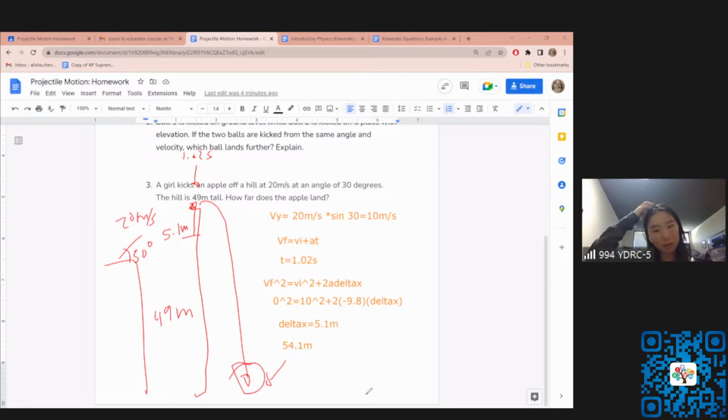And then using this, we can plug this back into our time independent equation to get the final velocity at this point.